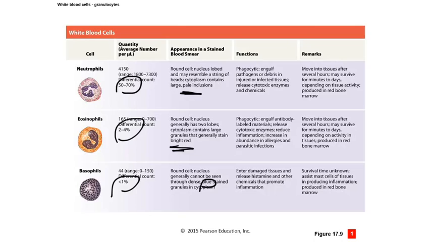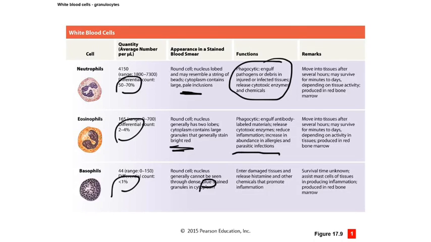And what are they doing? Neutrophils' specific job is to engulf and destroy bacteria. So a high number of neutrophils would indicate a bacterial infection. Eosinophils are also phagocytic, and they are specifically going after parasitic infections.